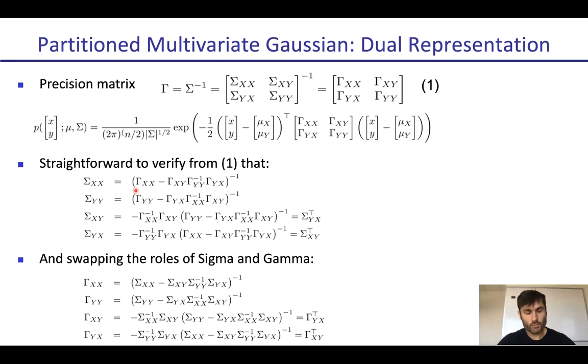So this is a relationship that occurs very often in algebra. And then since the precision matrix is the inverse of the covariance, we have that the covariance is the inverse of the precision matrix. So just swapping the roles of sigma and gamma, we can get the other relationships that tell you how to obtain the precision matrix from the covariance terms.